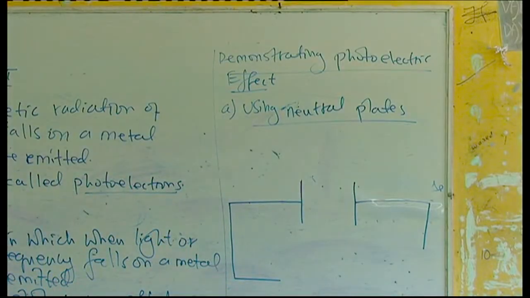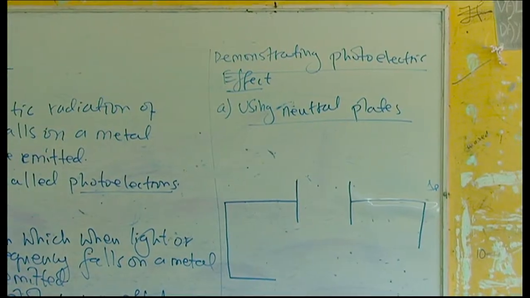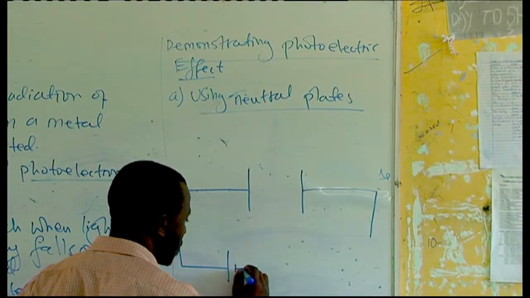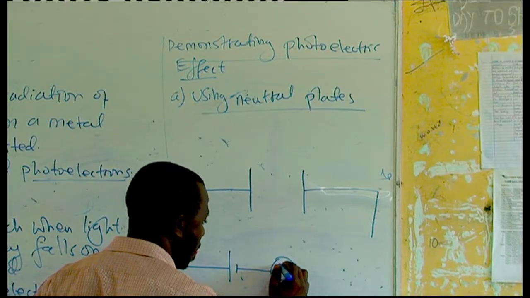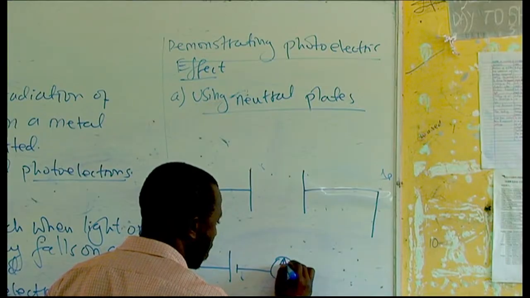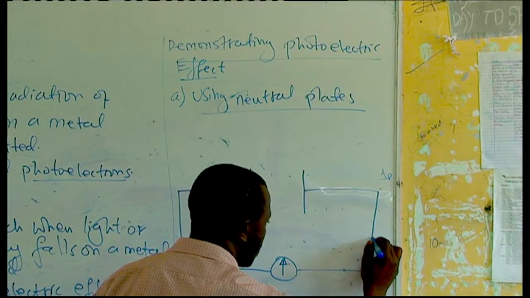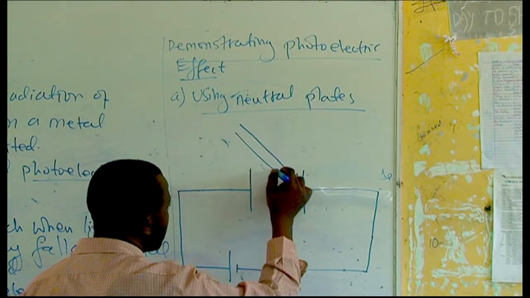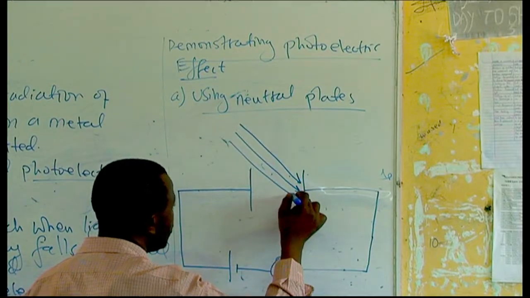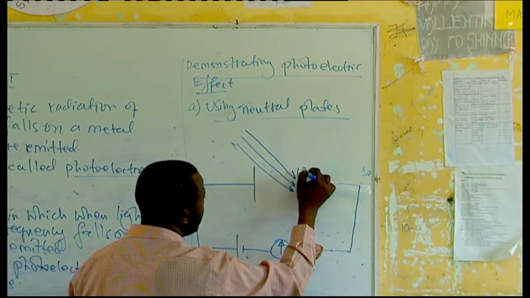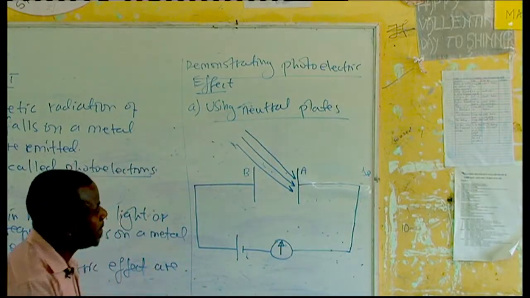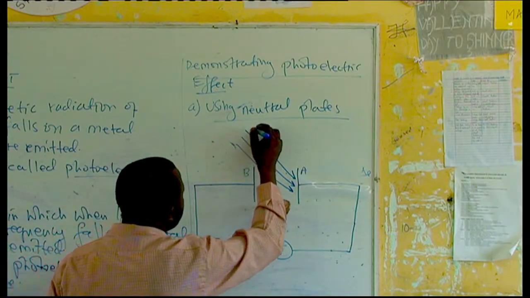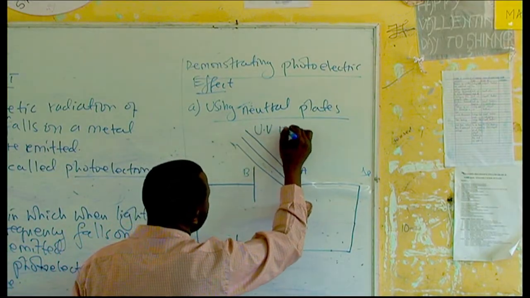So that we have a galvanometer, and so the radiations are directed to this plate. This is plate A, this is plate B. In that particular circuit, as you can see, this is the UV radiation.